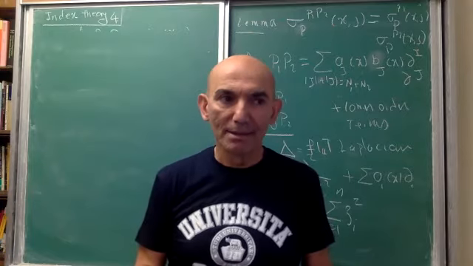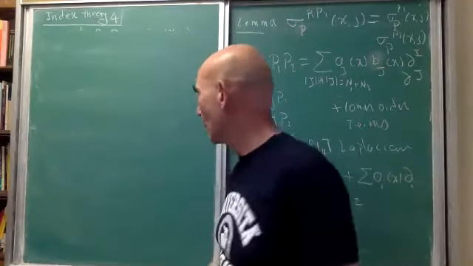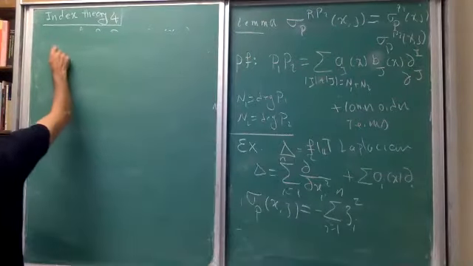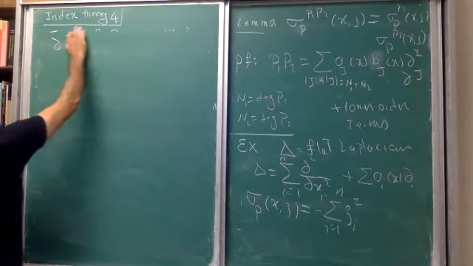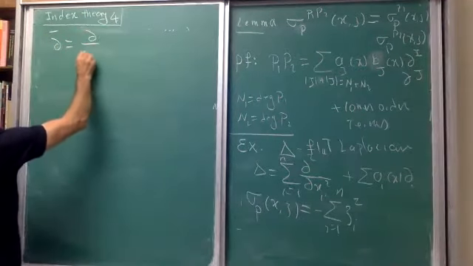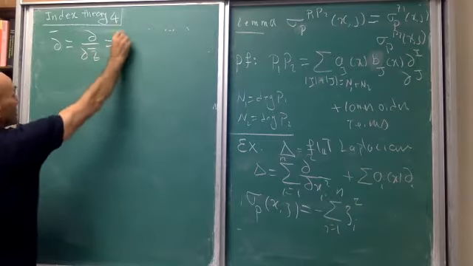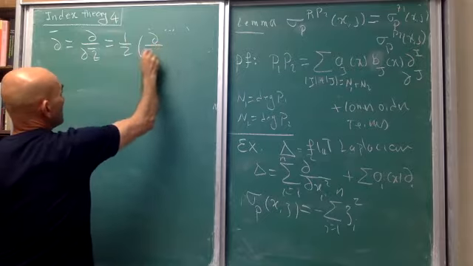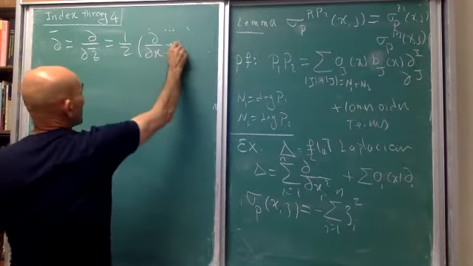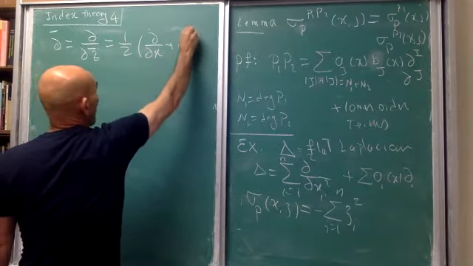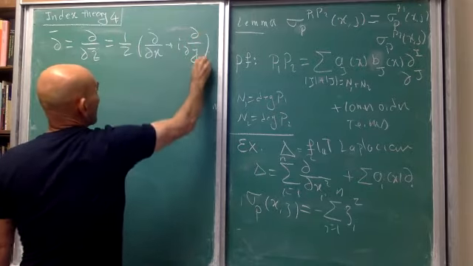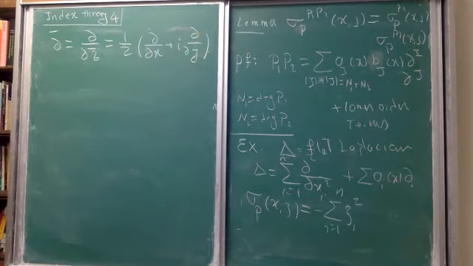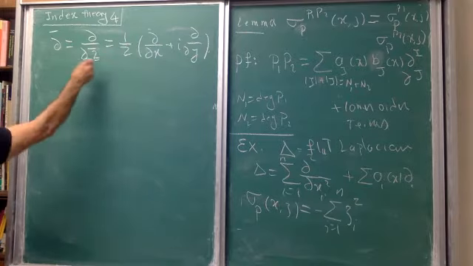Okay, very good. So Delbar. This is del z bar, so 1/2 of d/dx plus i d/dy. Perfect.